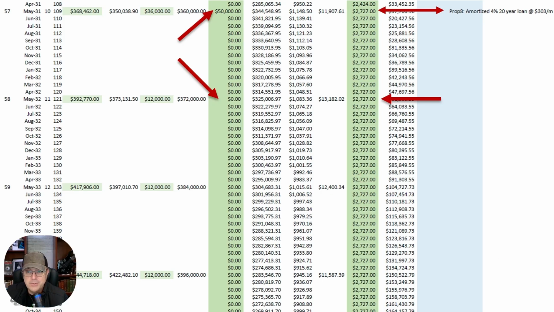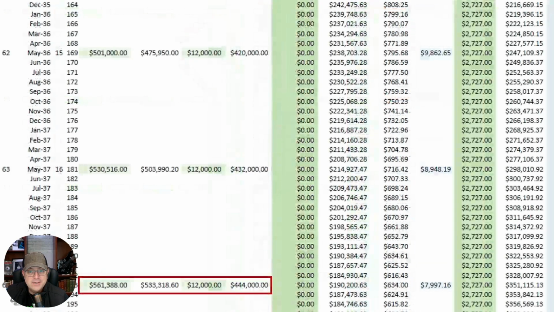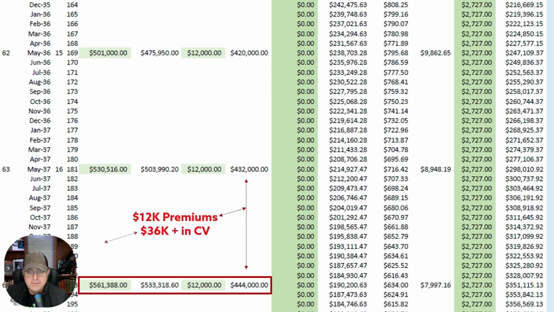Well, let's fast forward a couple of years. 17 years in, he's paying $12,000 in premiums. He's got a gross $561,000 in there, net $350,000 or so because of the outstanding loan still. But look at the growth. From year 16 to 17, he only paid $12,000 in premiums.